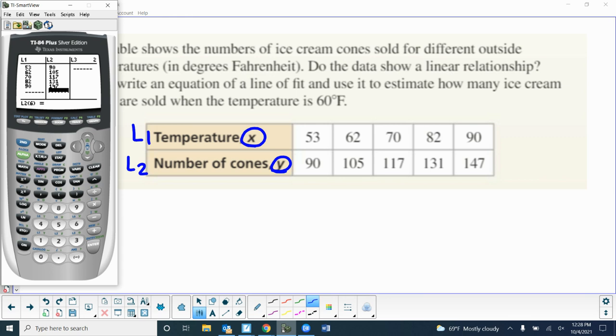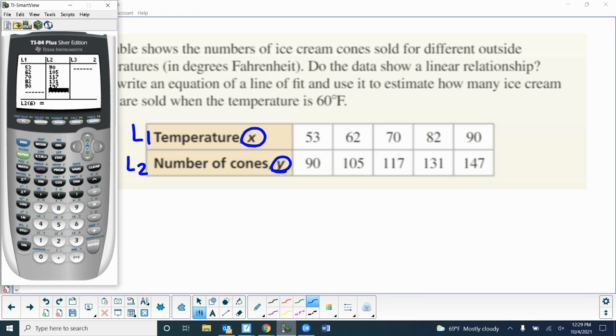What numbers do we want the R value to be to make it pretty good linear? +1 or -1, really close to that, in the 0.8s, 0.9s, or -0.8s, -0.9s. So we really don't have to look at the scatter plot. Just go to the calculate part of your stats so that you can get your equation and look at that R value to tell if it's linear or not.